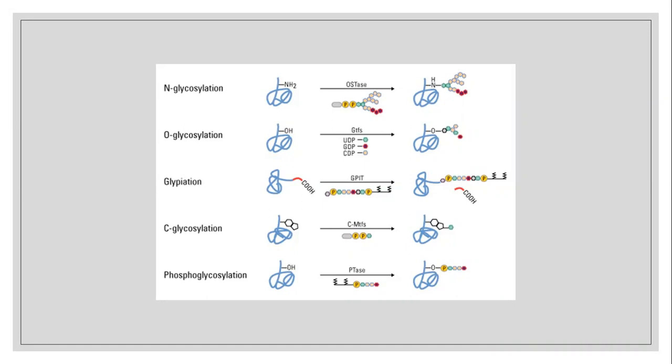This is found on the surface of glycoproteins in eukaryotes as well as in some archaea. C-glycosylation is carbon-to-carbon bonding of a carbohydrate molecule and a protein. Phosphoglycosylation, found in parasites, is the linking of oligosaccharides to serine or threonine via phosphodiester bonds.